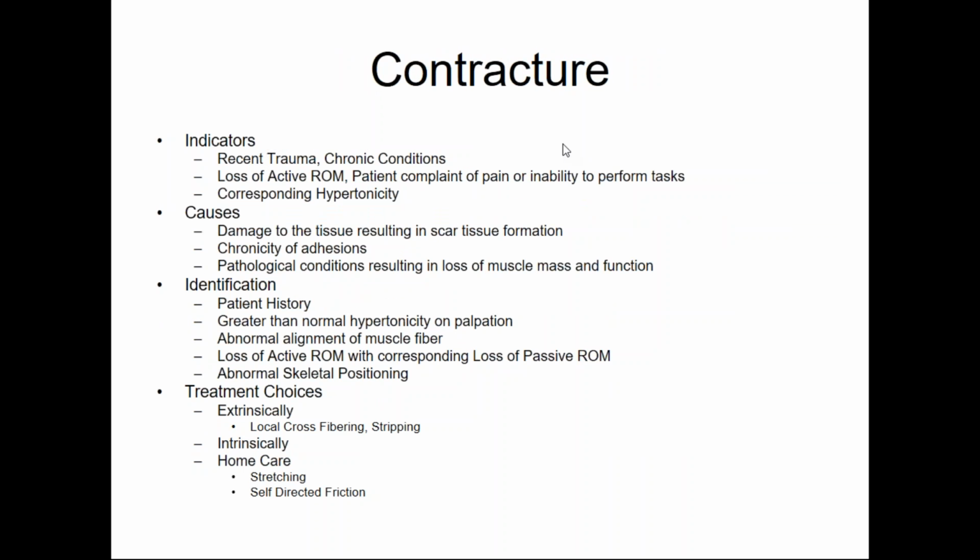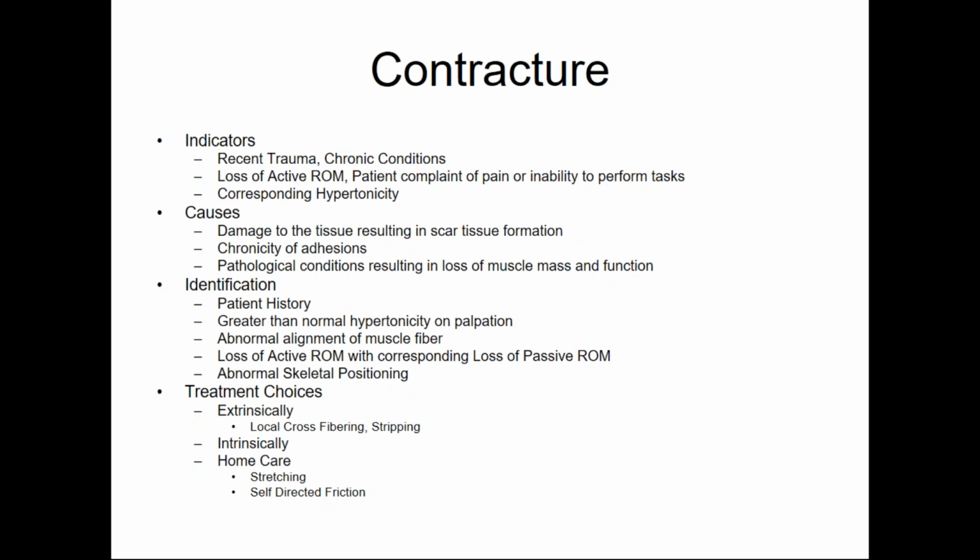Okay, the next one is contracture. Contracture, we treat it exactly the same way as we would treat adhesion. The biggest difference between adhesion and contracture is that contracture is very often going to be associated with some kind of major trauma or dysfunction that's occurred within the tissues, whereas adhesion may not have a severe type of trauma associated with it.